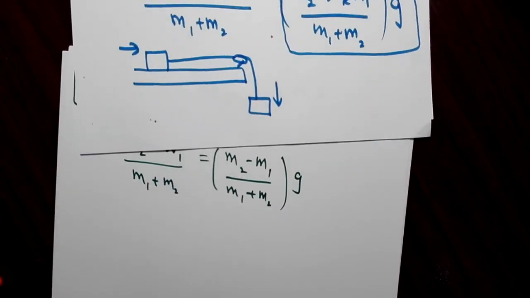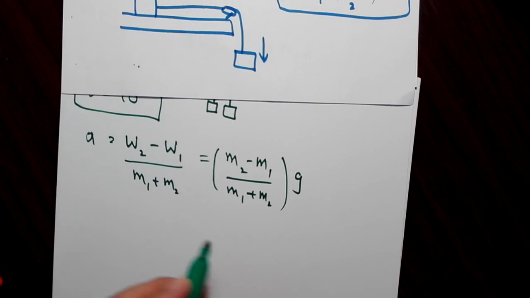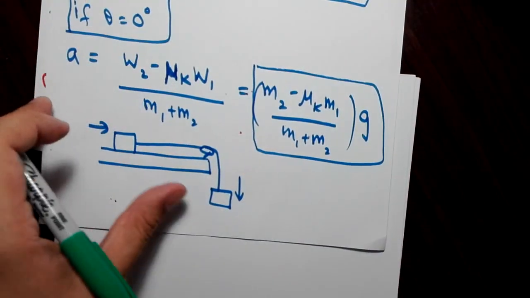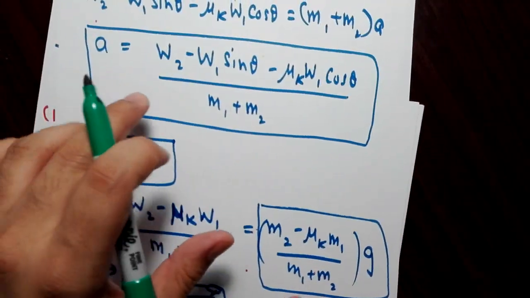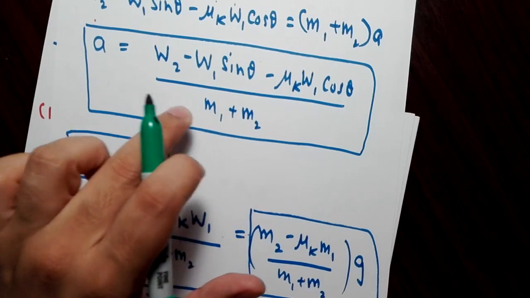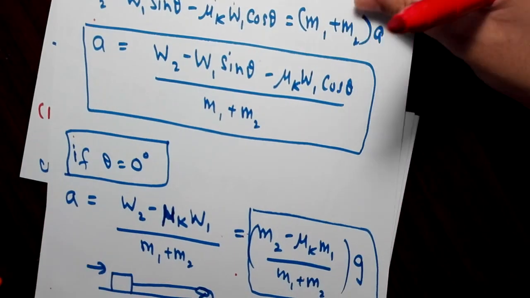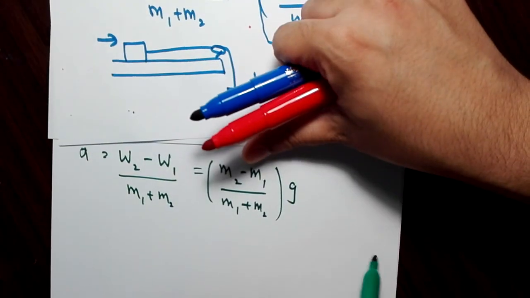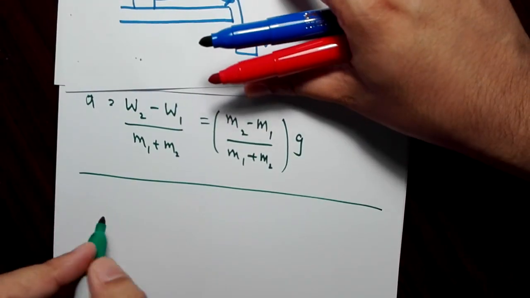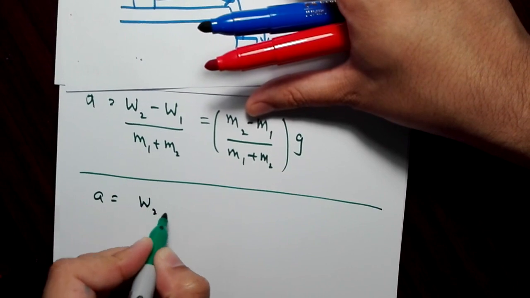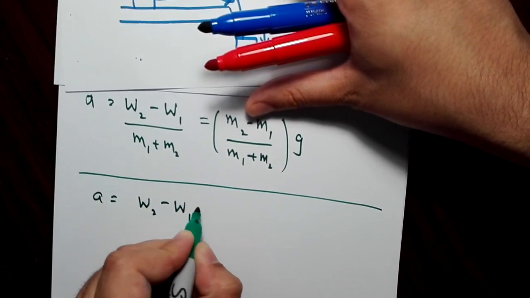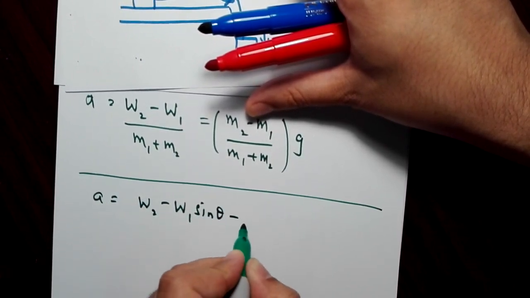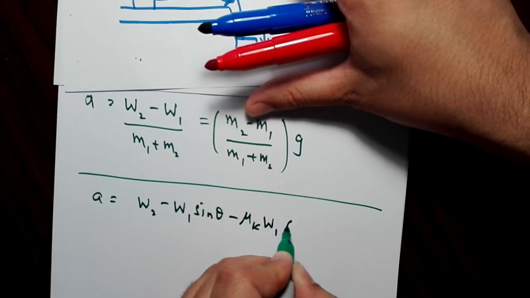Let's take some sample numbers. Let's go back to this equation and assume that we have some numbers for the masses. I'll rewrite this over here so that we know we're not using any special condition, just the general formula.